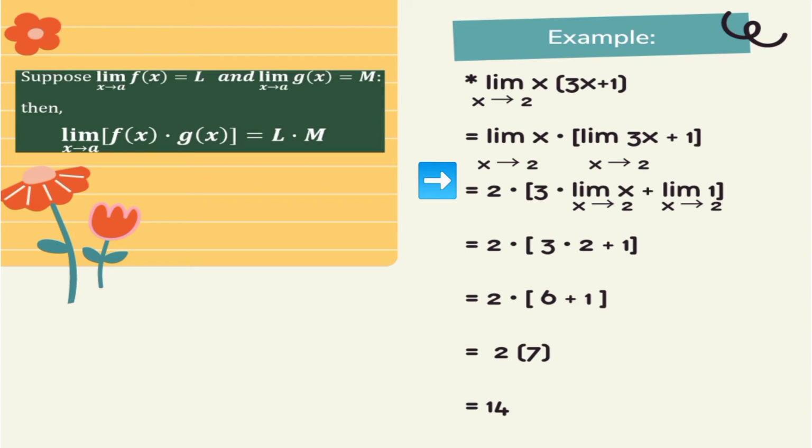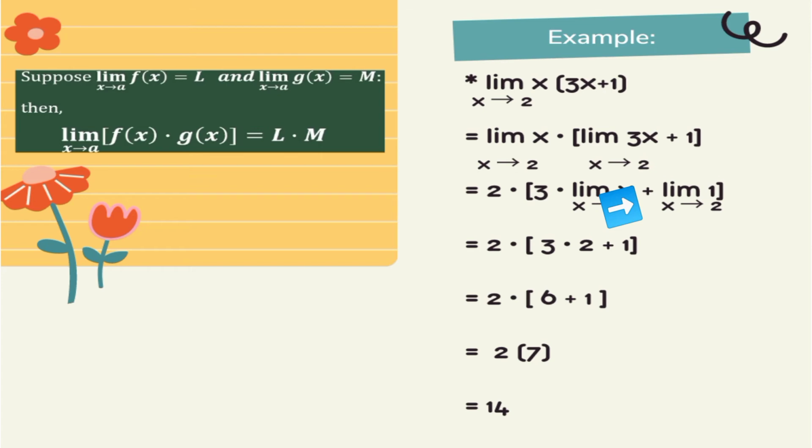Next, in this part, we are going to apply theorem number 3, so we are going to get the constant 3 and then write what is left, the limit of x as x approaches 2. Then the 1 will be the limit of 1 as x approaches 2.